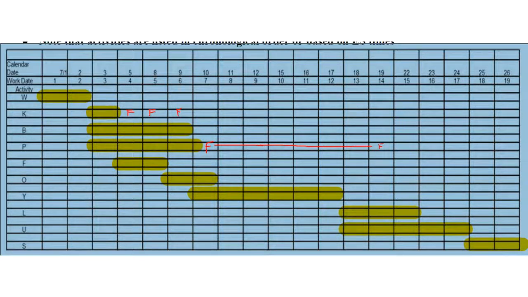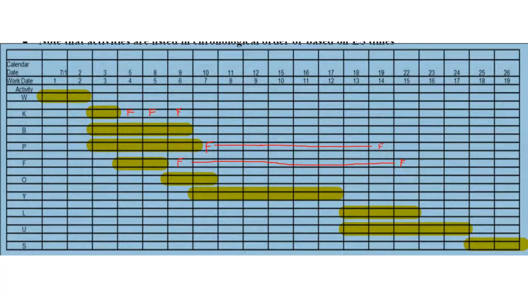And for the following activity as well, there is activity F. There is a huge amount of float which starts from here and it keeps going right till the month F. And activity O also has got a huge amount of float.